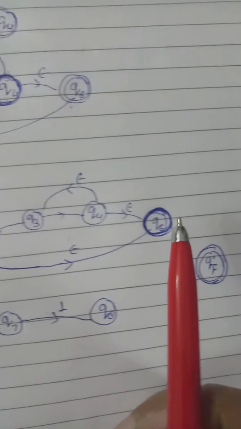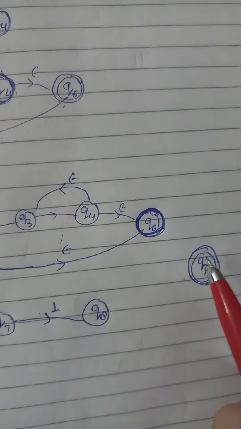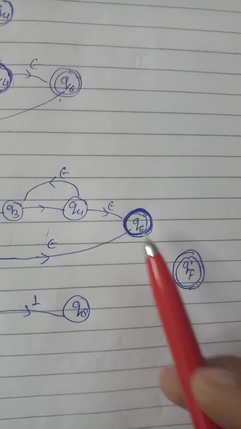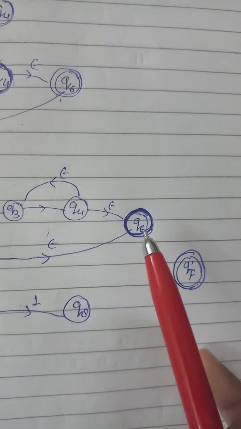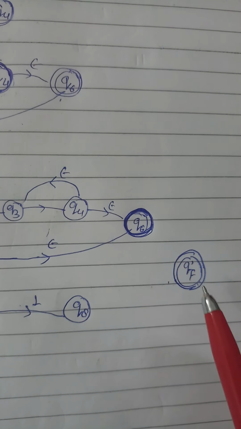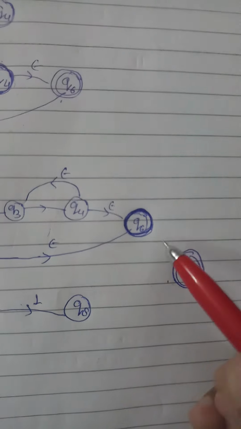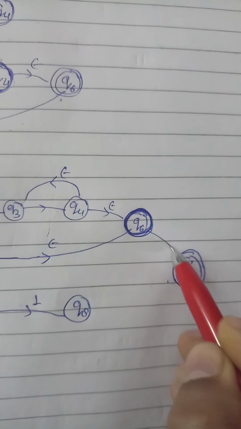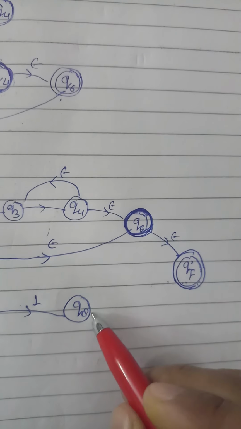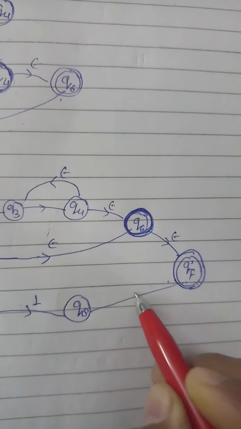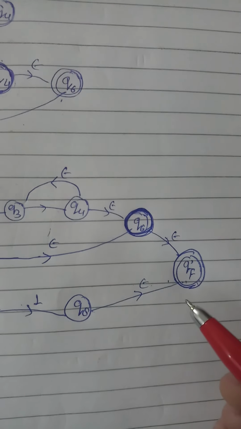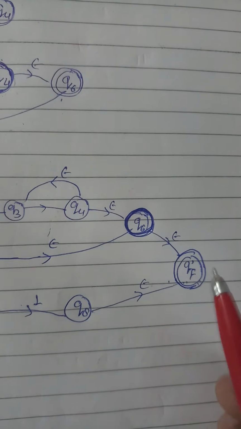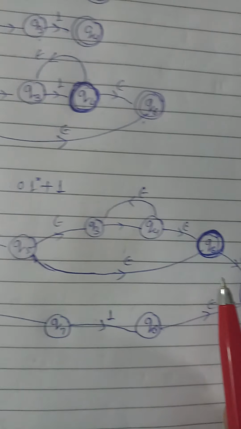So this will be the initial state, and whatever state comes in the final step will be the final state. So from here to here epsilon, and from here to here epsilon.